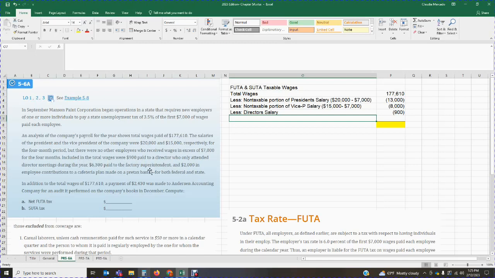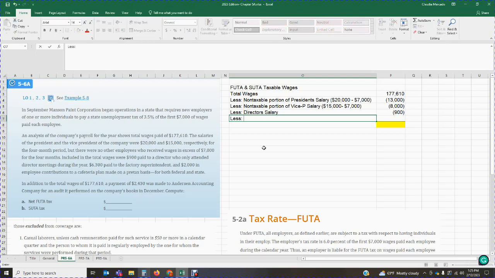Okay, and then we have $2,000 in employee contributions to a cafeteria plan made on a pre-tax basis. So we made a contribution of $2,000 for a cafeteria plan, but they were pre-tax, so I need to deduct that payment because we don't want to include it in the amount that we're going to pay taxes on, because this dollar amount for a cafeteria plan is on a pre-tax basis.